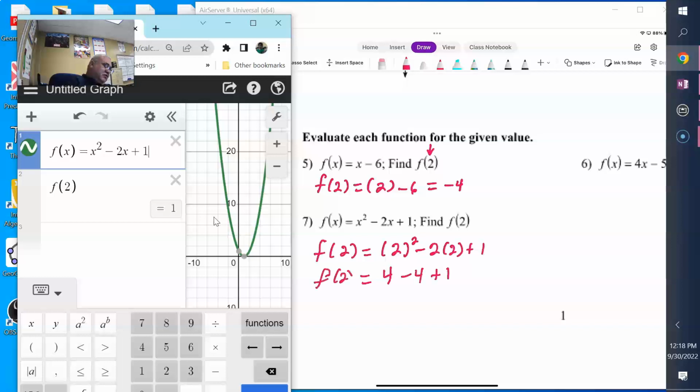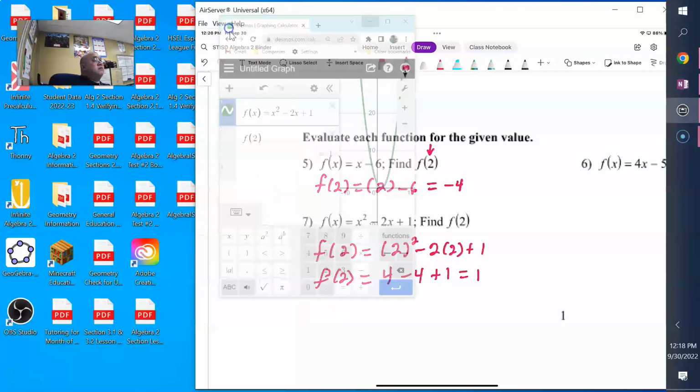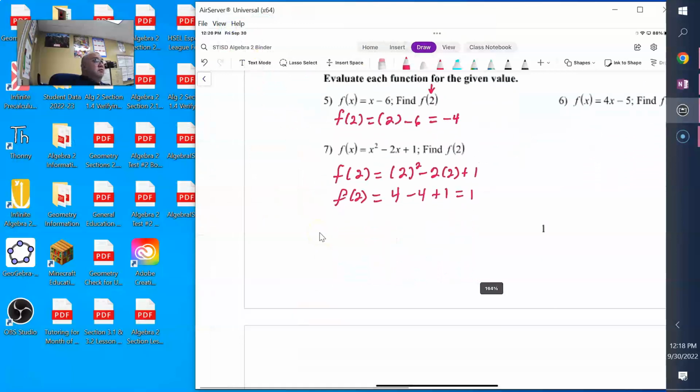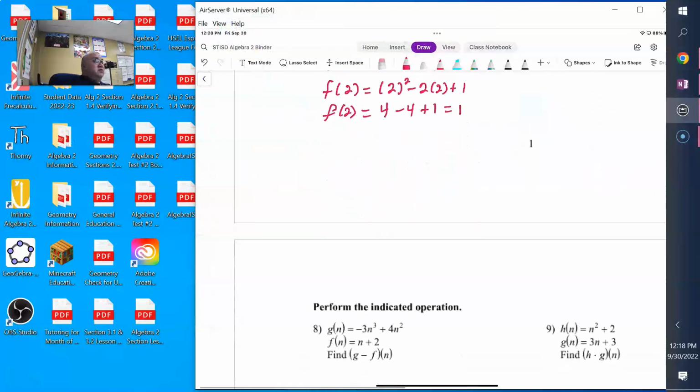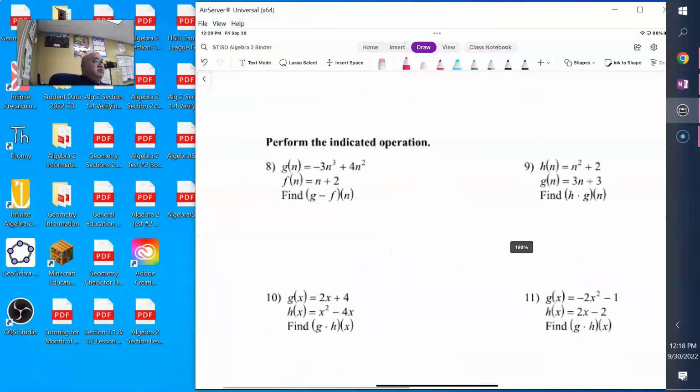So f of 2 equals 1. I'm going to be going back and forth from Desmos and from my review.